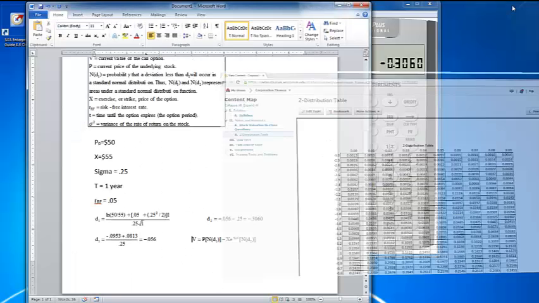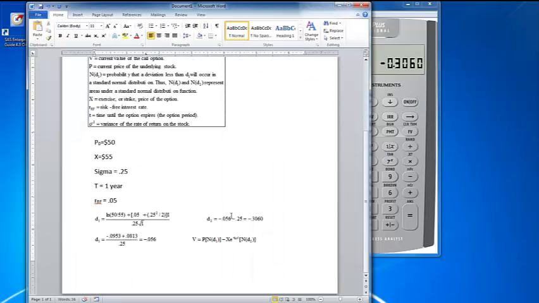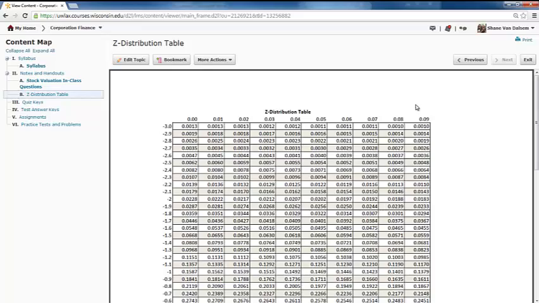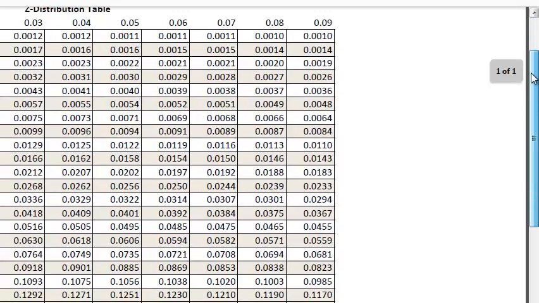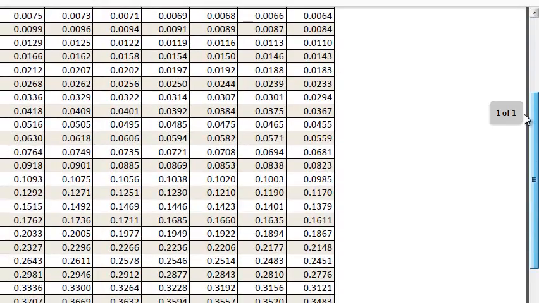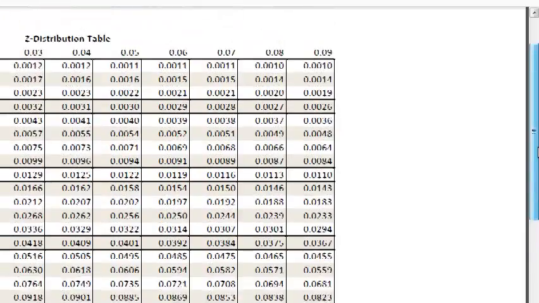So my first value was D1, it's negative 0.056. On the z-distribution table, it only goes out to the hundredths value, so this is going to be an estimated value. So we'll go down to negative 0.0, and the number was negative 0.056. So we want to go over and round this.